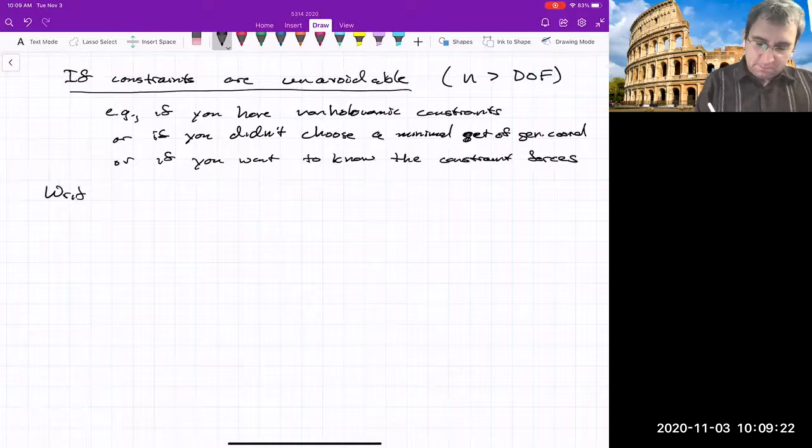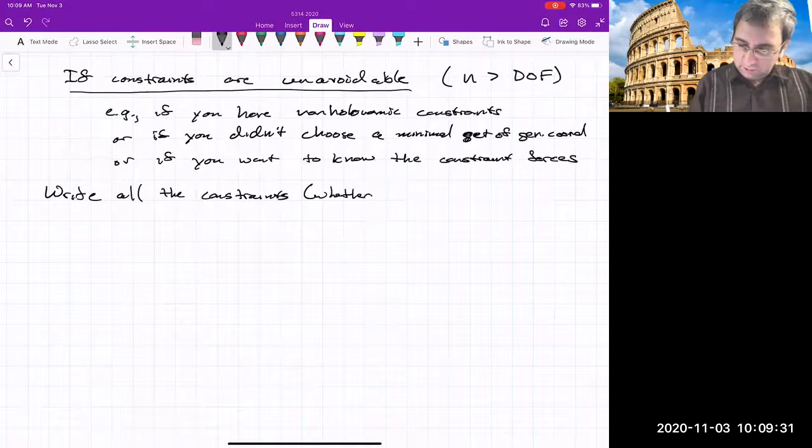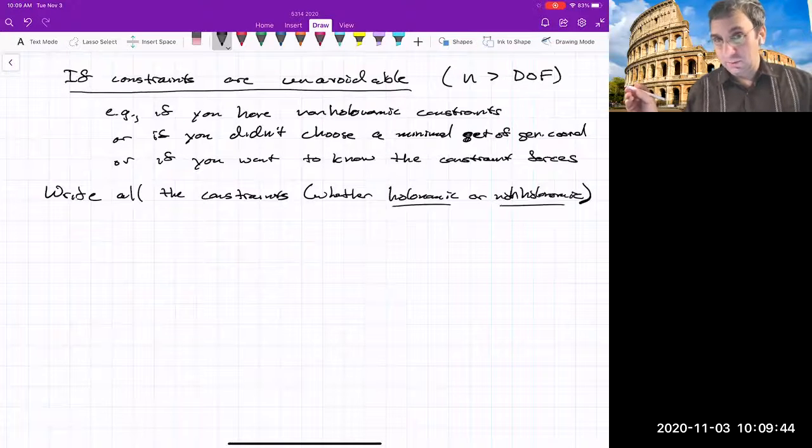In this case, you write all the constraints, whether holonomic or non-holonomic. That means whether they depend on just the generalized coordinates or if they also depend on generalized velocities.